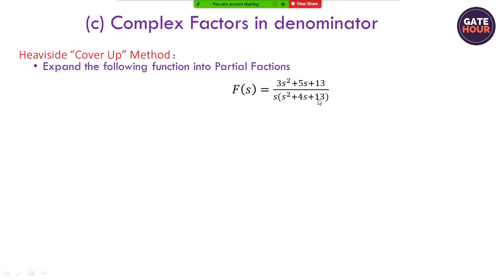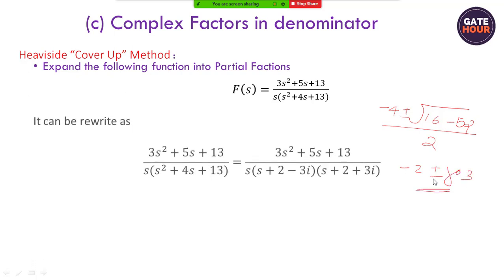The roots are minus b, which is minus 4, plus or minus square root of b square, which is 16, minus 4a into c, which is 52, divided by 2a, which is 2. So you will get minus 2 plus or minus j 3 as the roots.